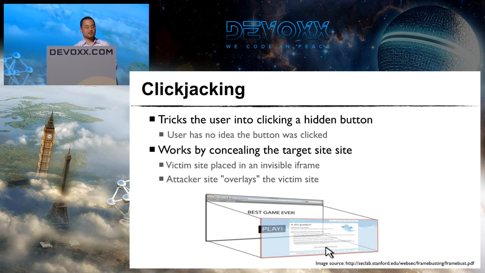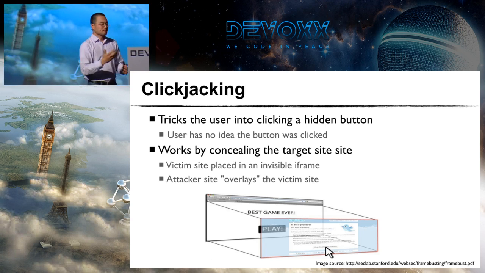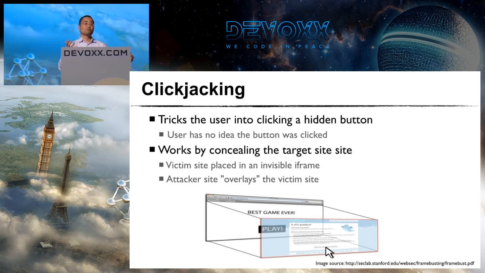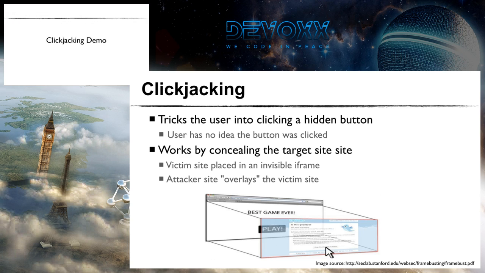And in this particular case, the attacker site is enticing you to click this play button in the background, or what you think is the play button in the background, by saying, hey, go ahead and play this really fun game. But unbeknownst to you, you are actually clicking the Twitter button that I want you to click in the foreground. All right? Now, that's a lot of words to describe what clickjacking is. So let's go ahead and do a quick demo.